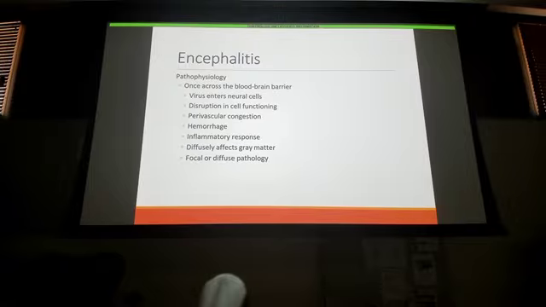The virus enters the neural cells themselves, disrupts the functioning, and then that phrase perivascular congestion and hemorrhage means that as that virus gets in there, starts to replicate, creates its congestion, much like we talked about with malaria, that kind of decreases the ability of that vasculature to keep the blood inside, and it starts to leak blood, toxins, etc., onto the actual neural tissue as well.